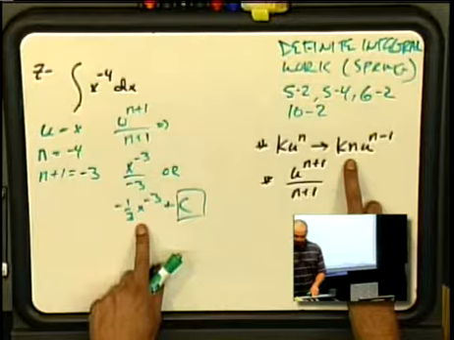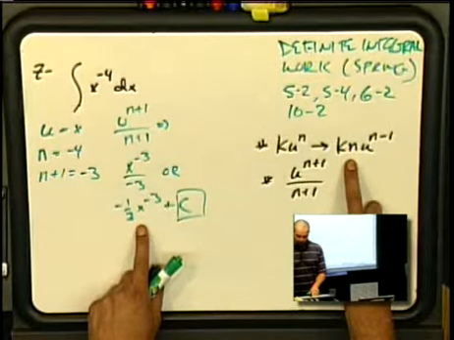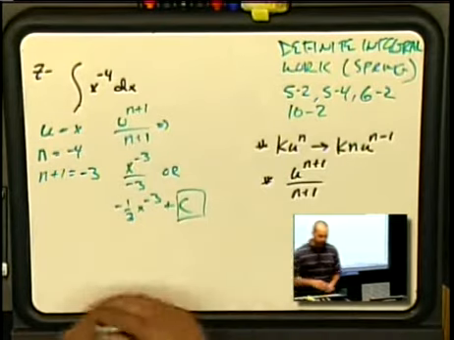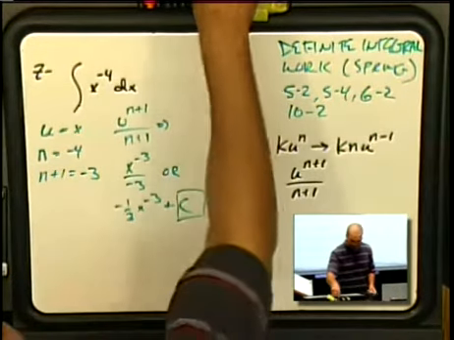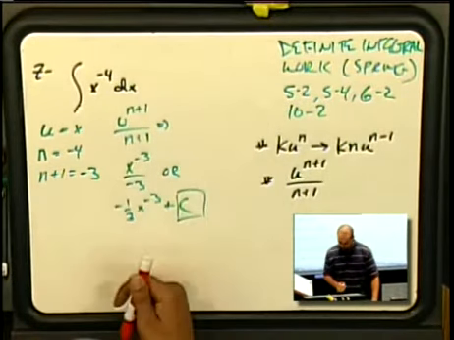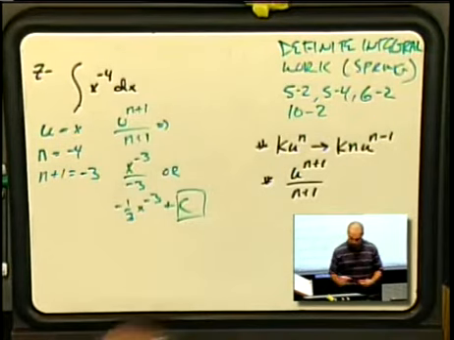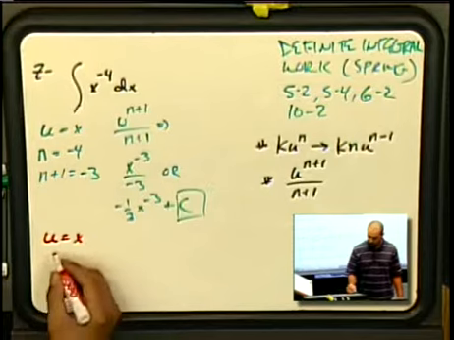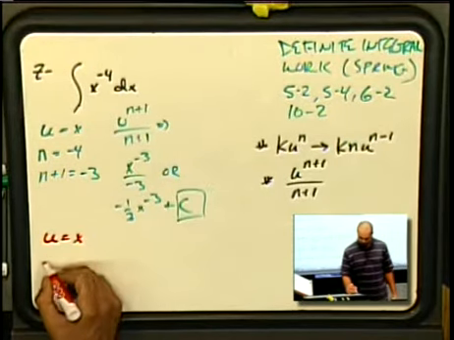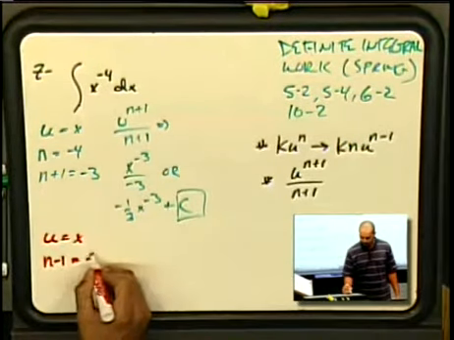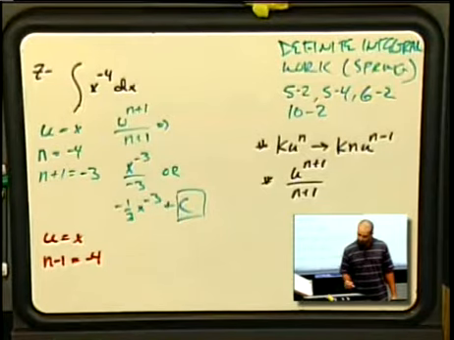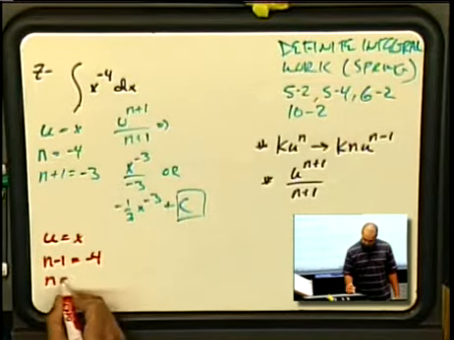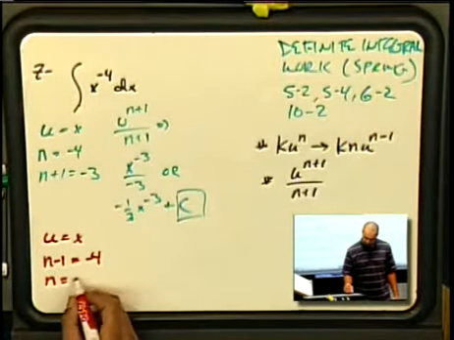So isn't there one more step to solving for k? I'll do it the other way. I'll use the other method. For this method, u is going to be x. n minus 1 equals negative 4. So that means n would be negative 3.